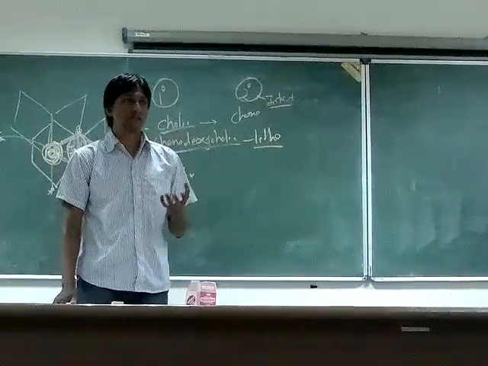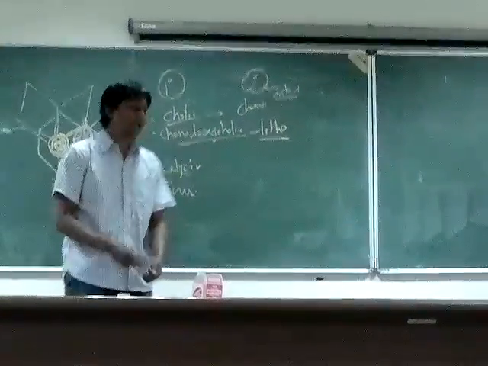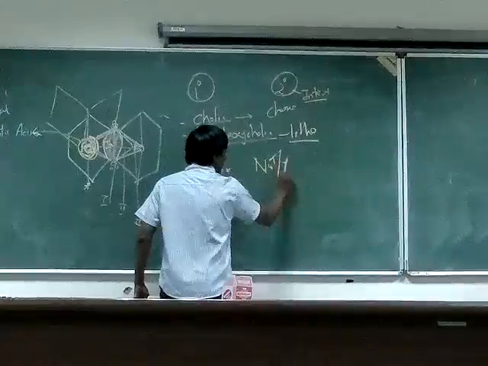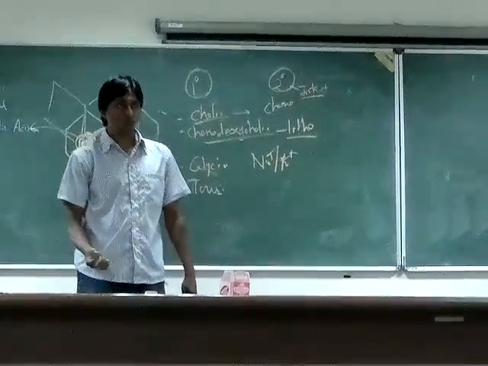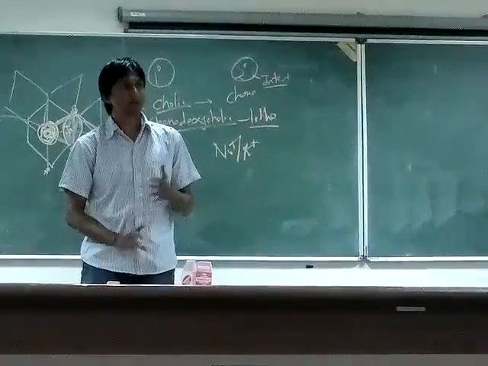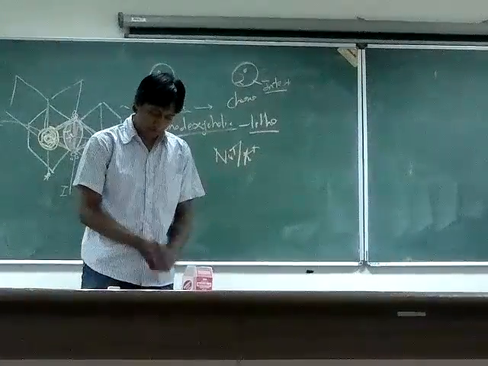Then it will combine with sodium or potassium, giving sodium taurocholate, potassium taurocholate, or sodium glycocholate or potassium glycocholate, and these are called the bile salts.